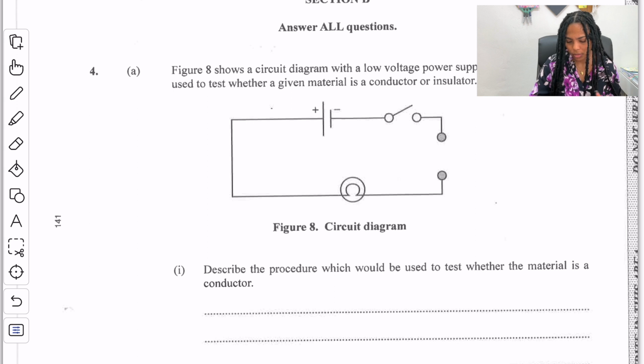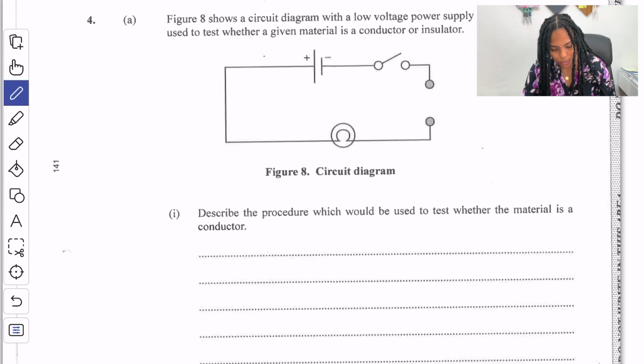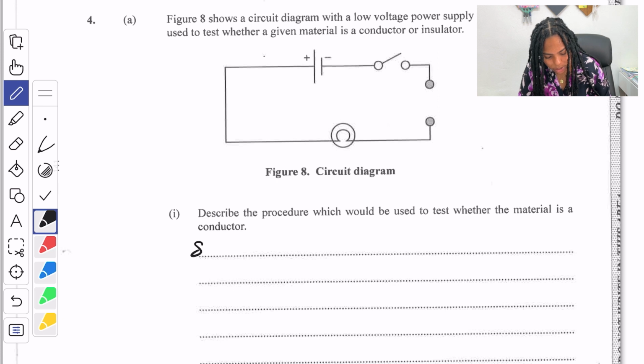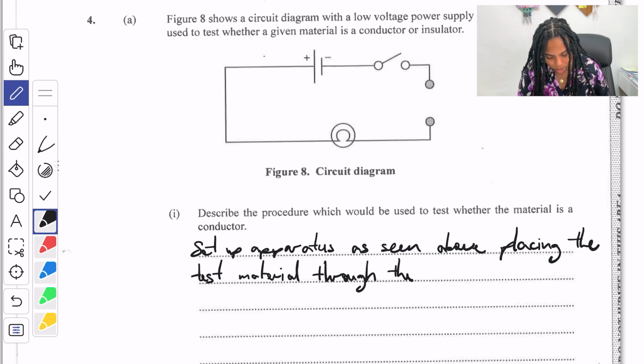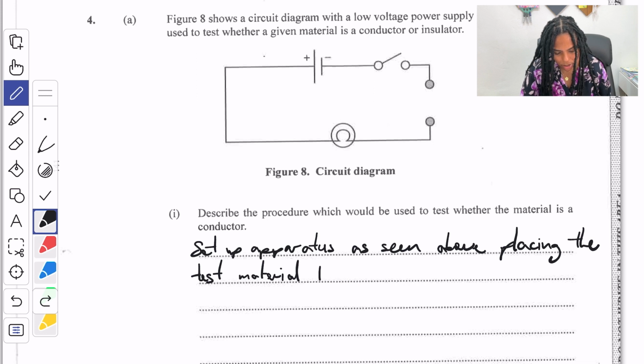So I would set up apparatus as seen above, placing the test material between the contacts or connectors.